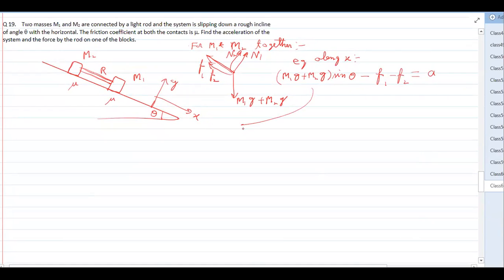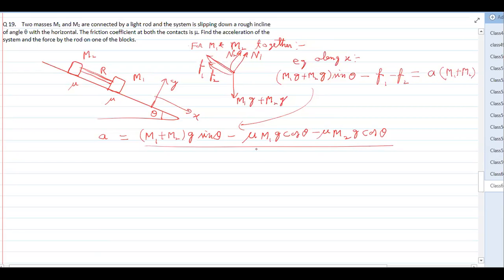So if we solve this, acceleration will be equal to (M1 plus M2)g sin theta, minus friction, which is mu M1 g cos theta plus mu M2 g cos theta, divided by, oh sorry, the masses will also be there, divided by M1 plus M2.